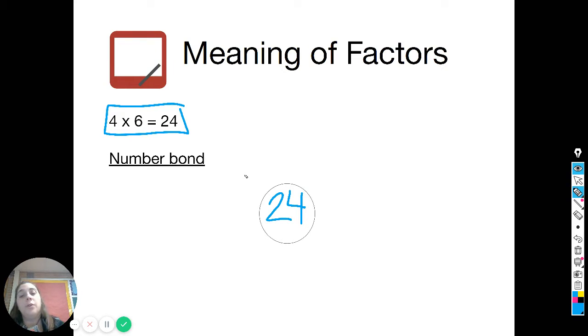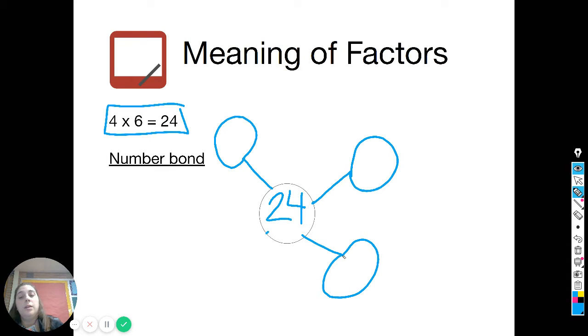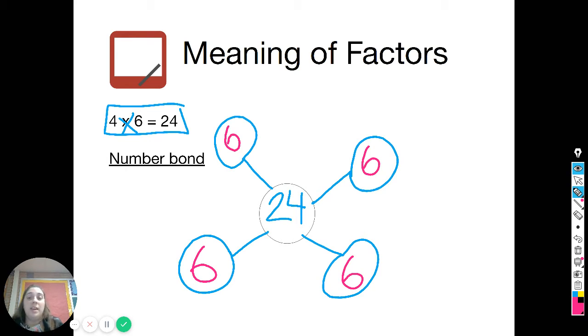Now I need to make those 4 groups. 1, 2, 3, 4, okay? Because this is 4 groups of 6. Now, inside each of those circles is going to be a 6 because I have 4 groups of 6. So each group has to have a 6. And when they come together, it equals 24. And that is how we draw a number bond for a multiplication sentence.